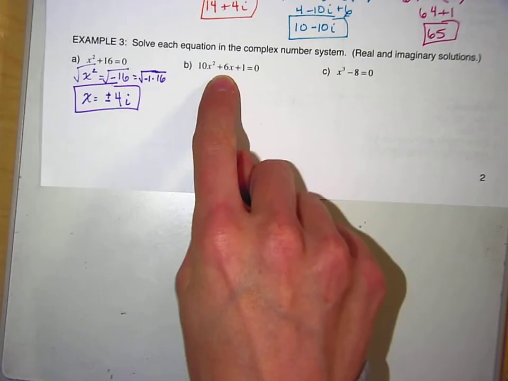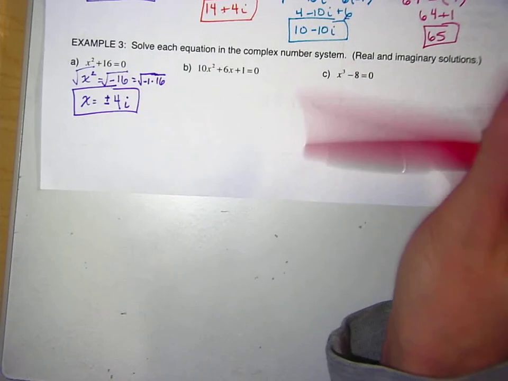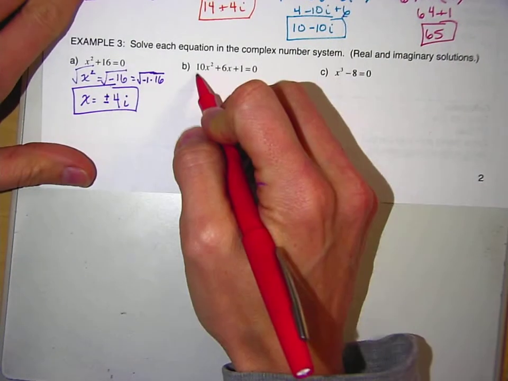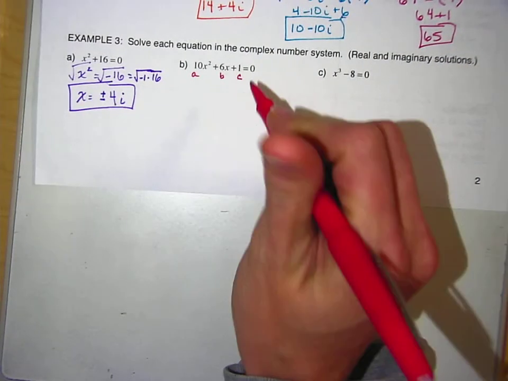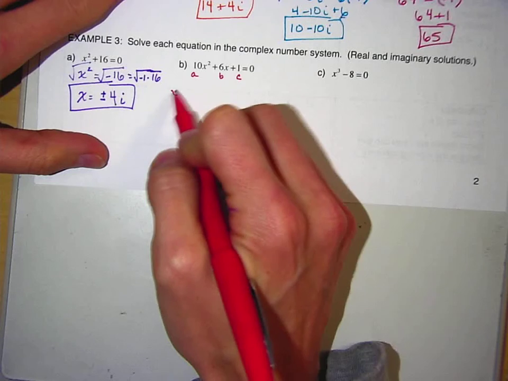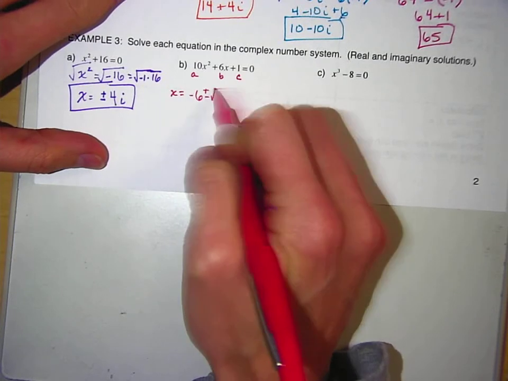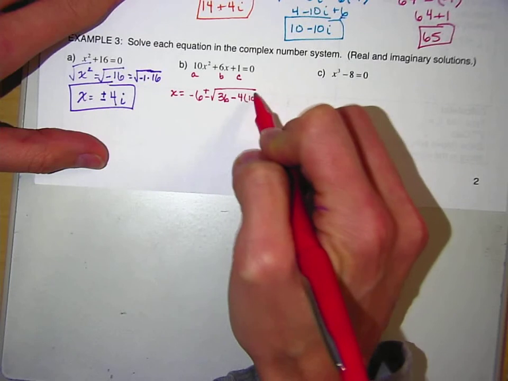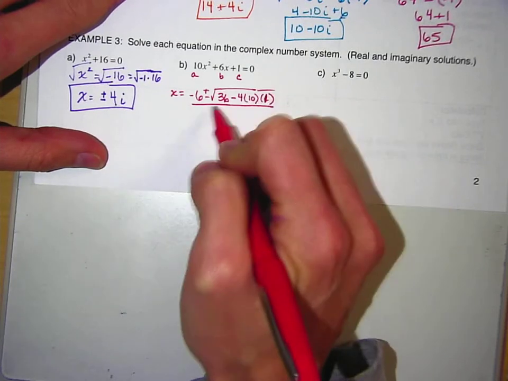For this one, it looks like it's not going to be factorable, so what we need to do is use the quadratic formula. So we have a, b, c. You can also solve by completing the square if you want to, but for this one we have x equals the opposite of b plus or minus the square root of b squared minus 4 times a times c, which is 1 here, all over 2 times a.